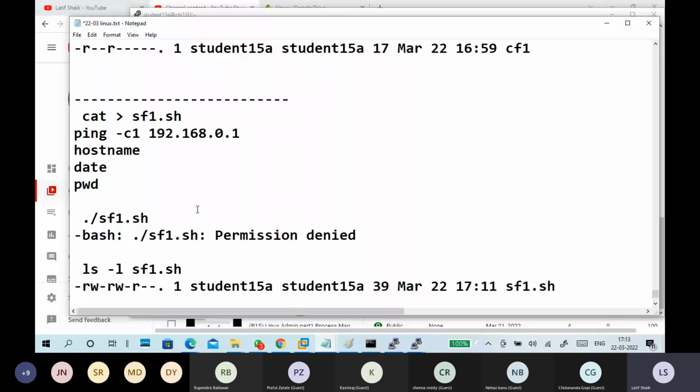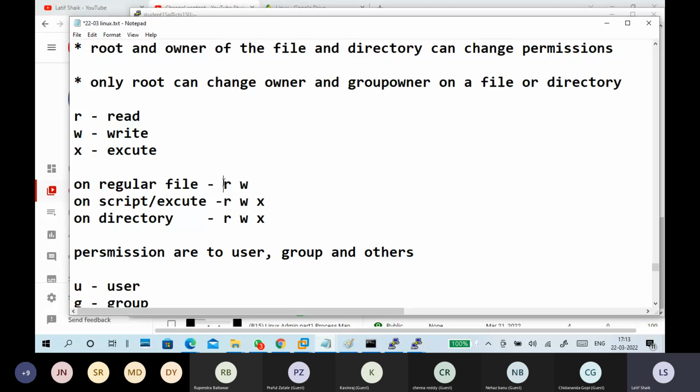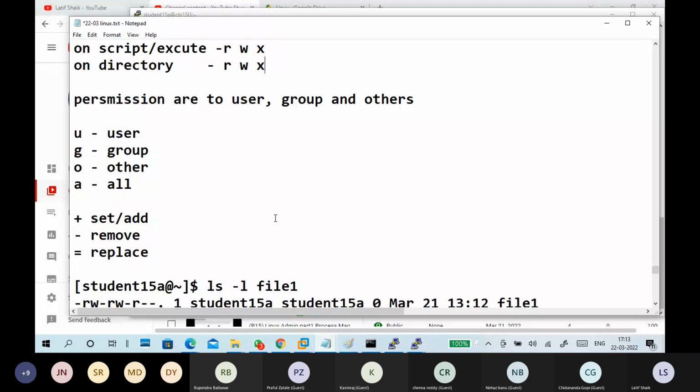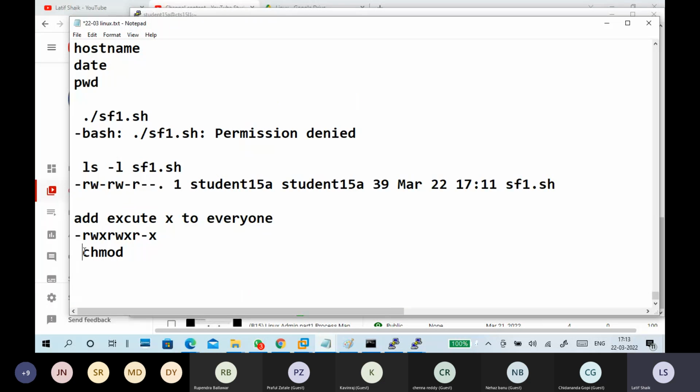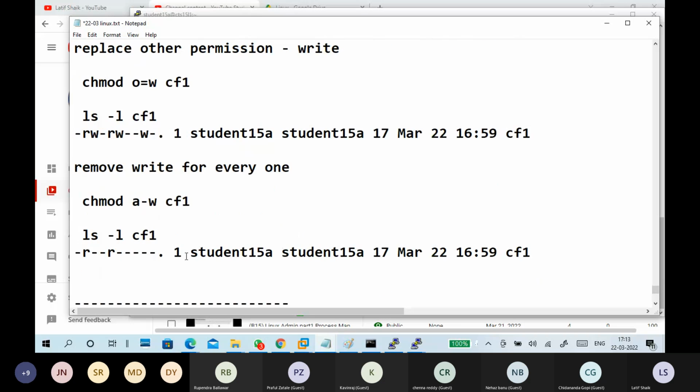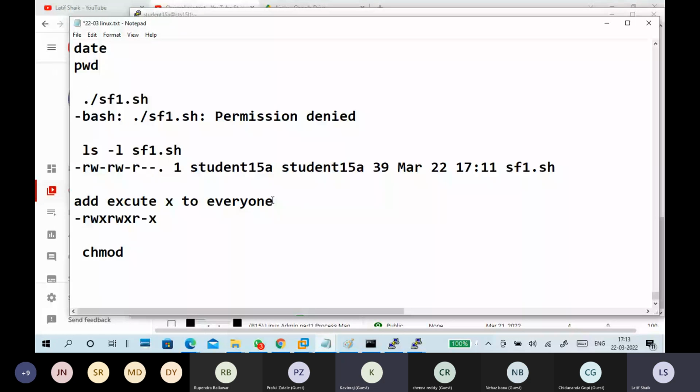First rwx, it is always rwx. Now tell me how to do it. a+x sf1.sh chmod. Okay, but what I'm trying to do is removing a. Like this also it will work. That is the correct answer.